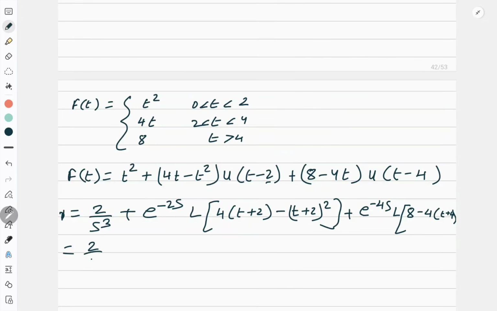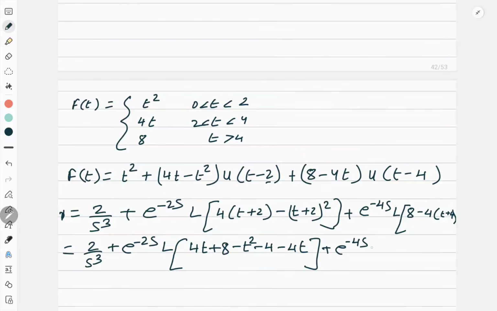So this becomes 2 by s cube plus e to the power minus 2s Laplace of 4t plus 8 minus t square minus 4 minus 4t, plus e to the power minus 4s Laplace of 8 minus 16, which is minus 8, minus 4t.